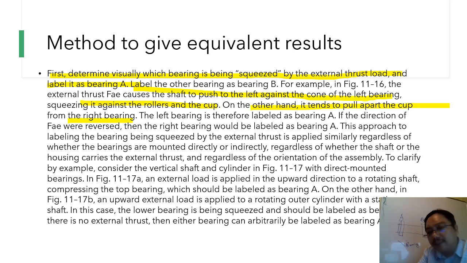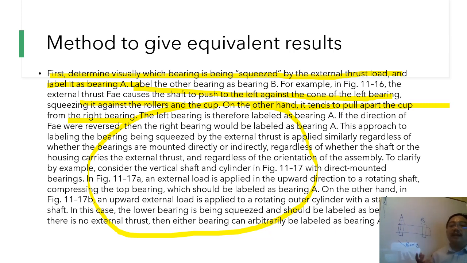Basically, if you read all this statement here, it represents what I tell you. I try to explain in the easiest way. I repeat again. Imagine you are putting a shaft in a hole in one place.